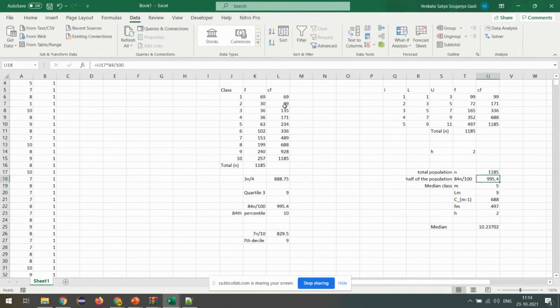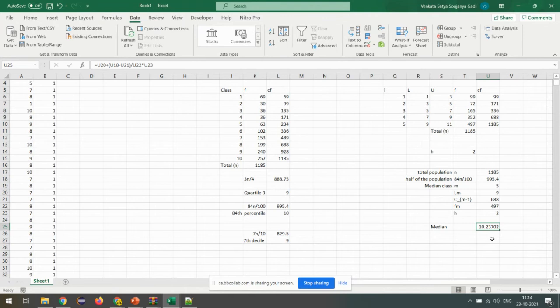It is 995. So again, it falls into this one, right? All these calculations remain the same, and the answer is 10.23.